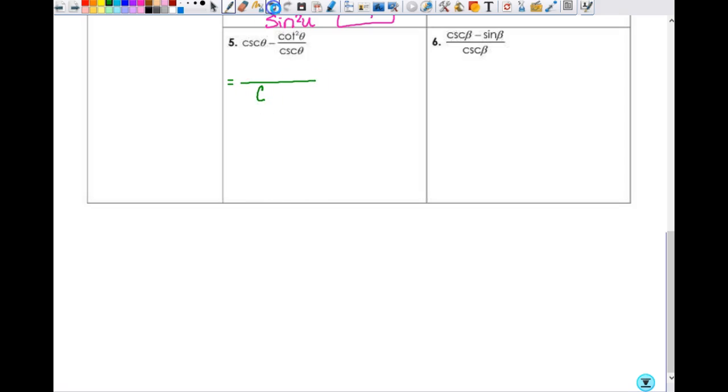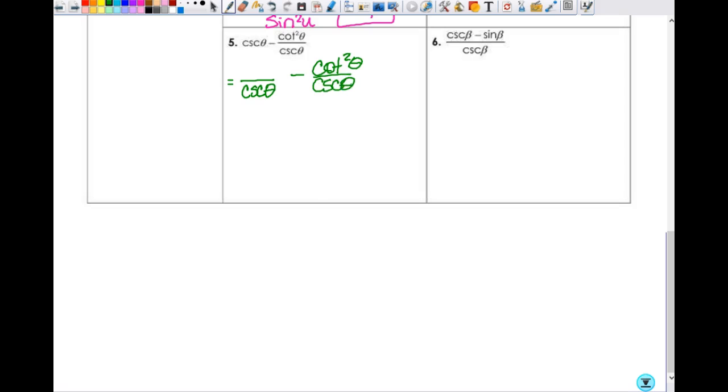Oh, let me do this separately first. So in the first fraction, if my denominator becomes cosecant theta, what's the numerator going to be? No. If I want to get a common denominator, this already has that in there. So this second fraction is going to be cotangent squared theta over cosecant. Like that one doesn't change, right?